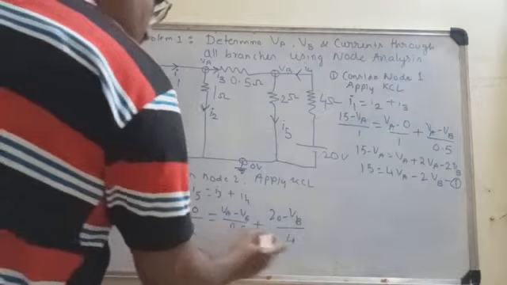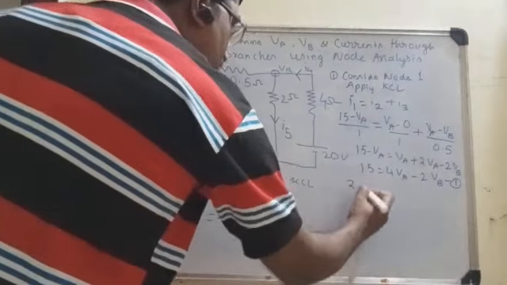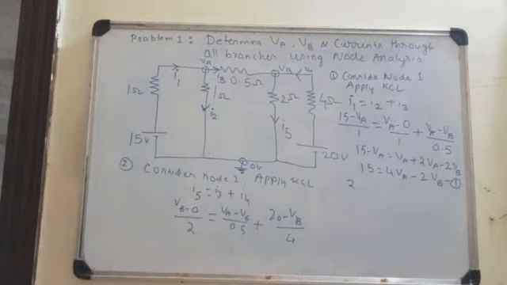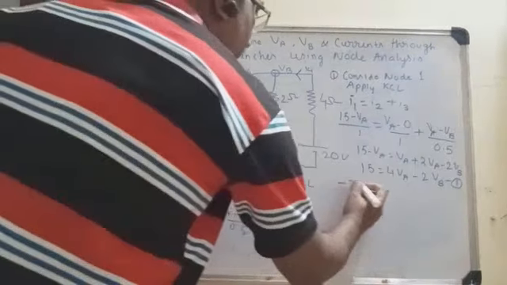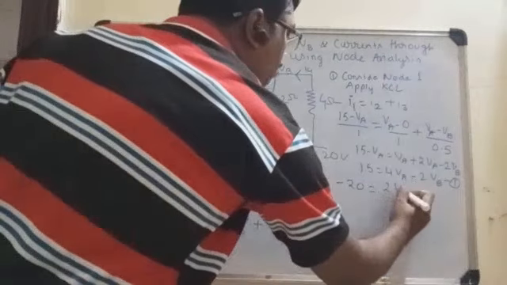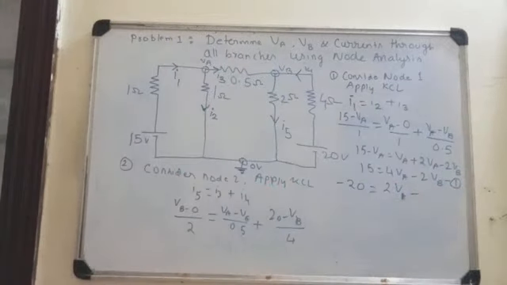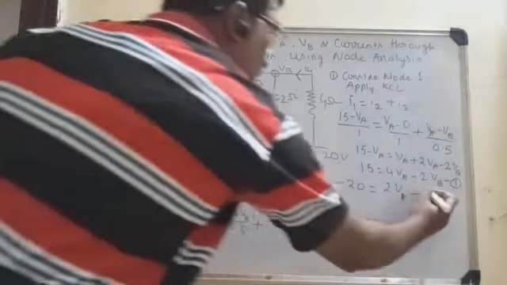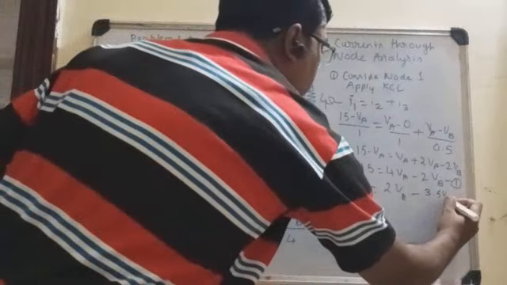In solving this equation, I have minus 20 equals 2 VA minus 3.5 VB.